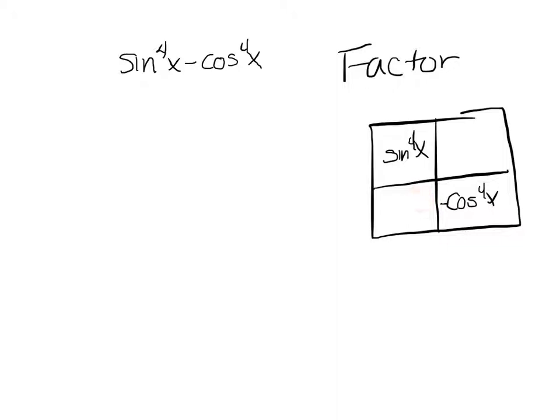And that's always an indication, if you need things to cancel out, that you should make the same thing here and here to give you the sine to the 4th, and the same thing here and here to give you cosine to the 4th. How do you get 4 when you have an exponent? You just add your exponents. So I'm going to do sine squared and sine squared, because 2 plus 2 is 4. Same thing with the cosine, only one of them needs to be negative.